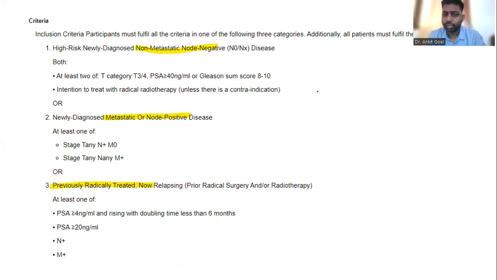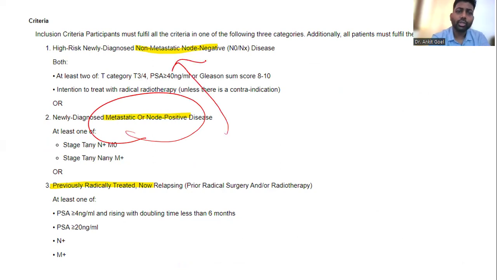If we are under the impression that the Stampede is mainly for metastatic CA prostate, then it is wrong. It not only included metastatic CA prostate, the Stampede also included non-metastatic CA prostate, that is locally advanced disease, T3, T4 disease. Even relapse cases were also included.